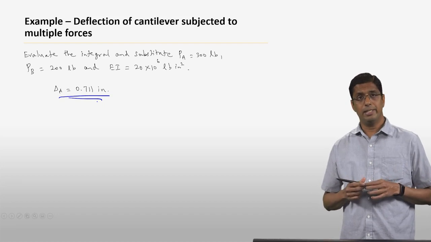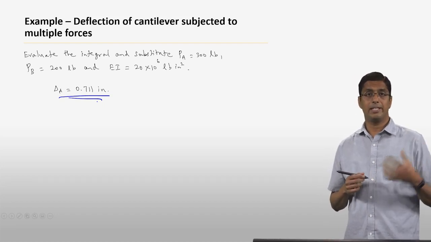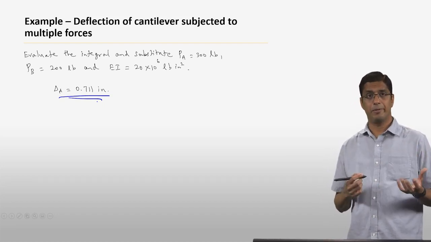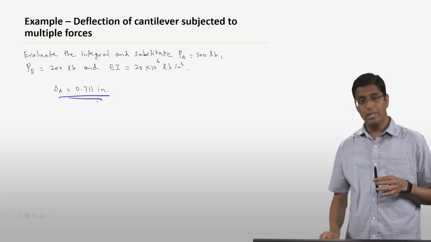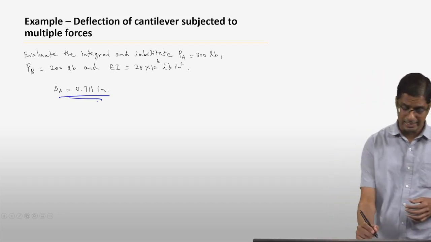Now, I told you that we are assuming that the force PB is also a variable force, and the reason that we did that is because now if you want to find delta B, it's actually very simple.